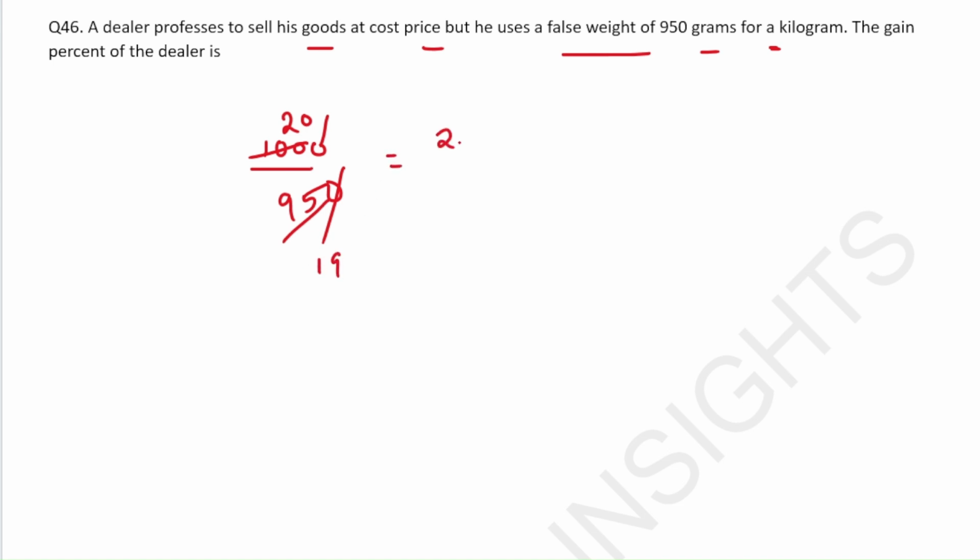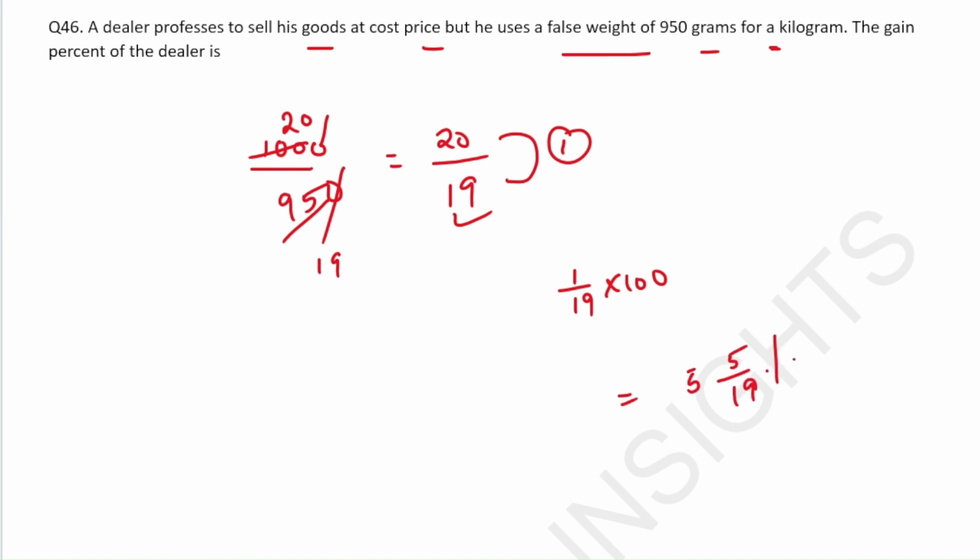So 20 divided by 19. So he is getting extra by how many? 1, right? So the profit percentage is 1 divided by, always with respect to this, 19, into 100. So if you divide 100 by 19, you will get 19.55%. So this is the answer.